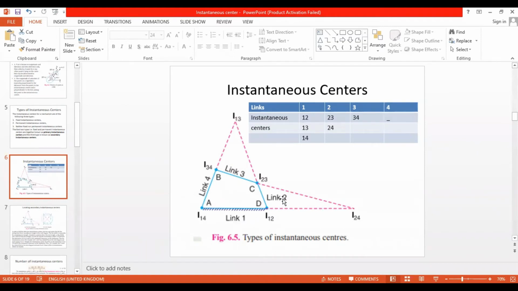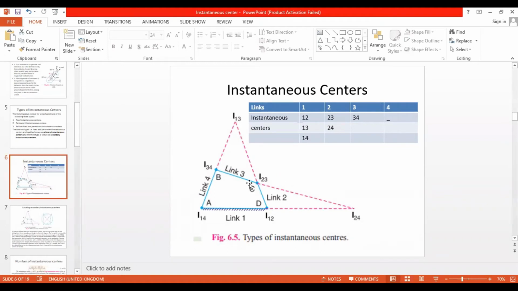The point joining link 1 and link 2 has an instantaneous center called I12, because it joins link 1 and link 2. This is read as I-one-two, not as I-twelve.